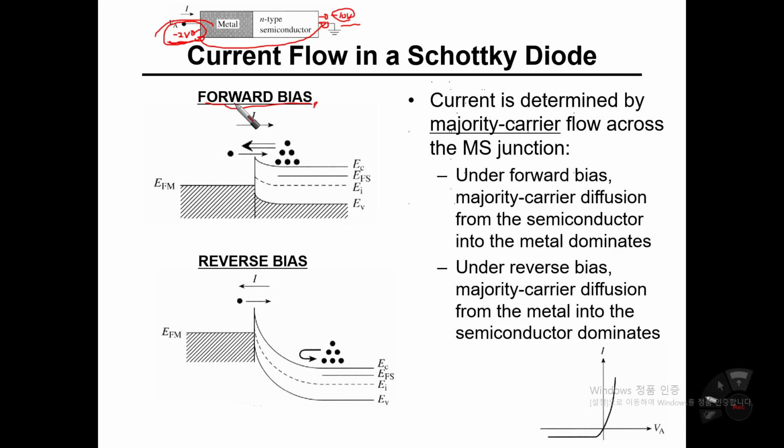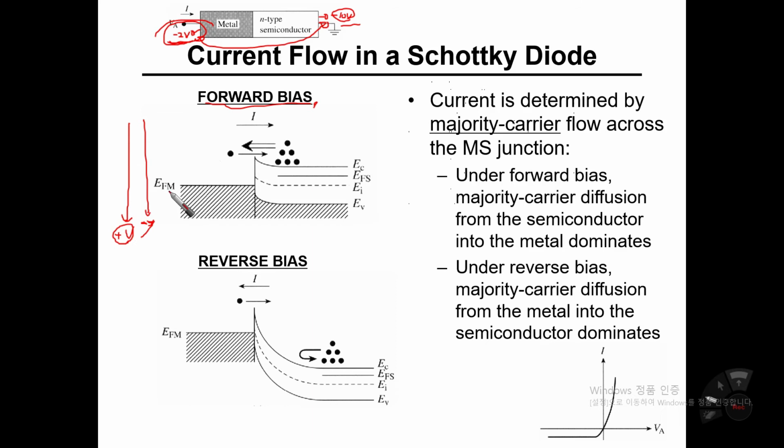Once a higher voltage has been applied onto the metal side, we can imagine what change would be induced in the energy band diagram. Again, the plus voltage direction is minus y in the energy band diagram, which indicates voltage increasing.